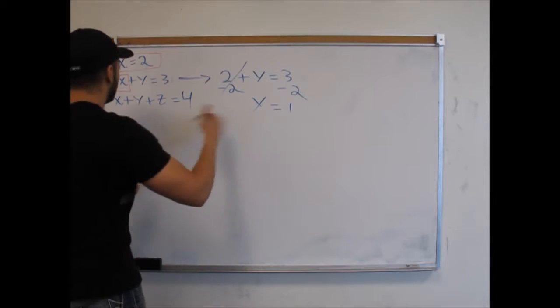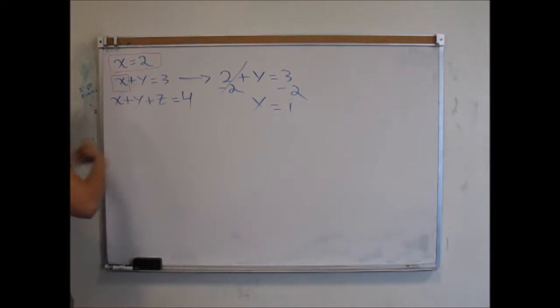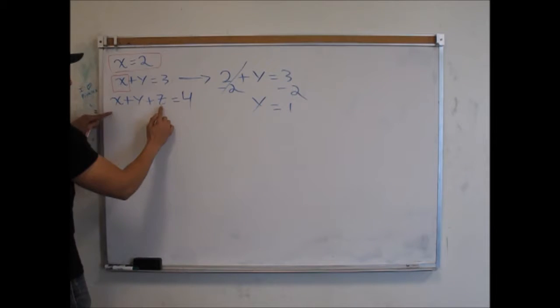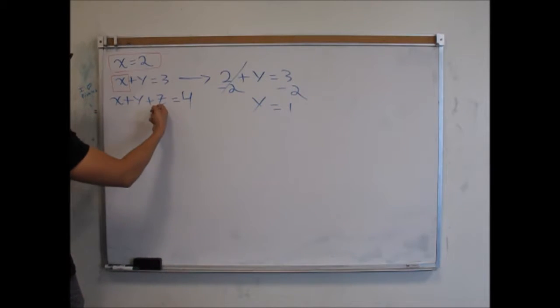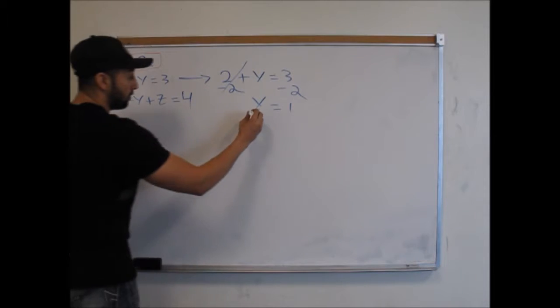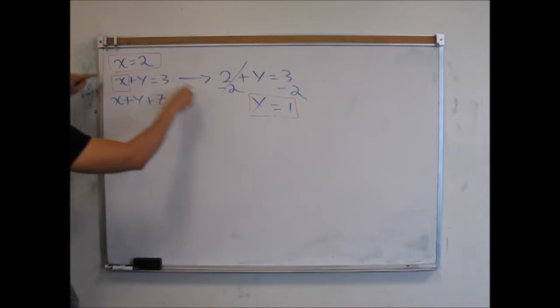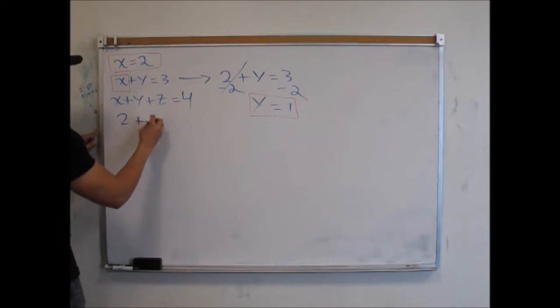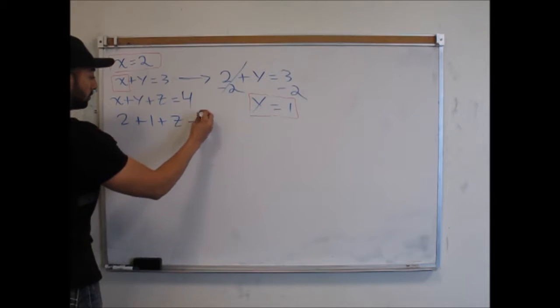Similarly, I could go back and plug this y and x into this equation, because then I would only be left to solve for z. So plugging y equals 1 and x equals 2 into this equation, I get 2 plus 1 plus z is equal to 4.